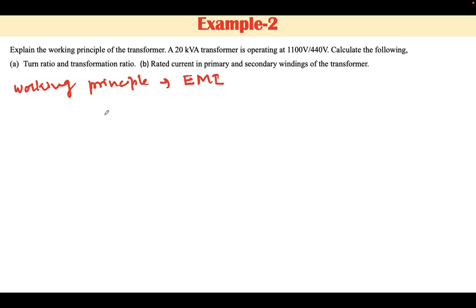According to EMI, if there is a coil, and here we develop magnetism by applying some source over here, it will develop a magnetism, and if another coil is placed nearby it, it will cause the development of EMF across the terminals A and B by mutual induction.